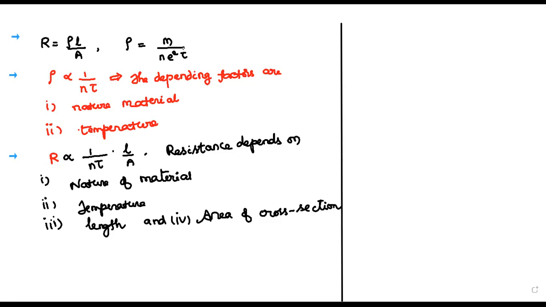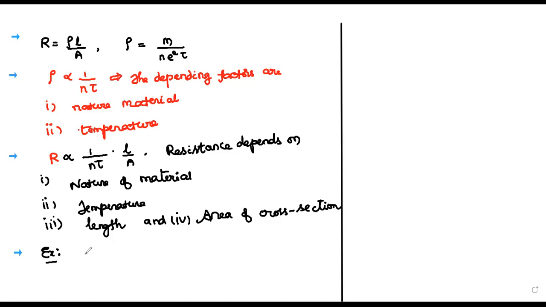It is based on relaxation time and the number of electrons per unit volume. But how it depends on temperature we have to find out. Before that, first we try one example: how to find the resistivity from the number of electrons per unit volume.